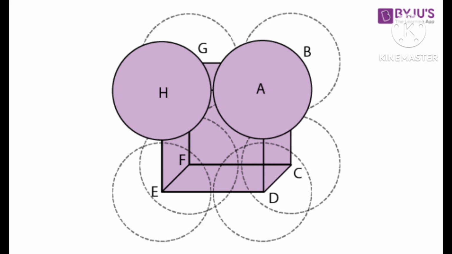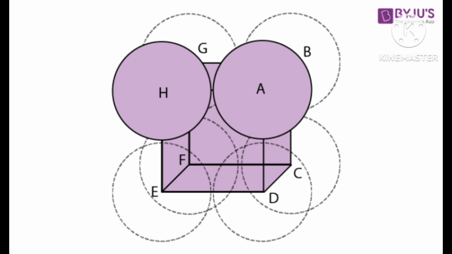Means 4 up, 4 down. Total 8 corners are there in a cube. The particles touch each other along the edge. If you consider only one edge, means 2 corners, if you put one sphere on each, then both spheres will touch each other.